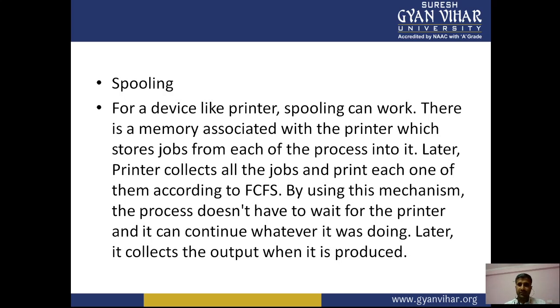There is a memory associated with the printer which stores jobs from each process. Later the printer collects all the jobs and prints them on a first come, first served basis. By using this mechanism, the process doesn't have to wait for the printer and can continue what it is doing, and later it collects the output when it is produced.